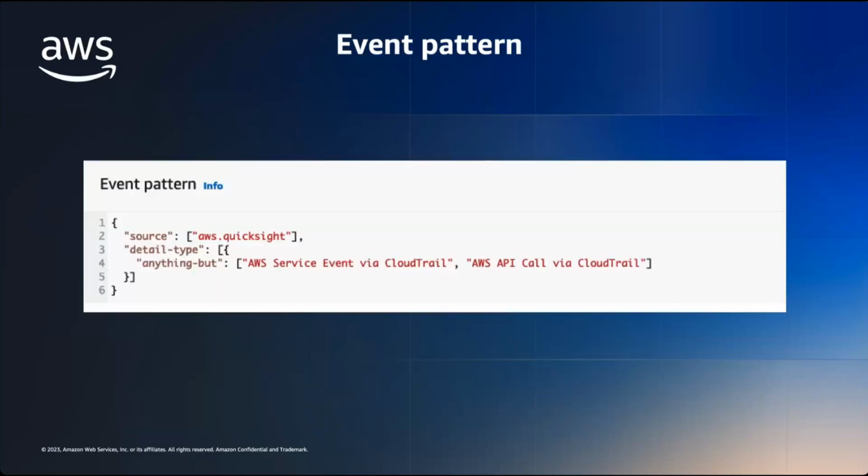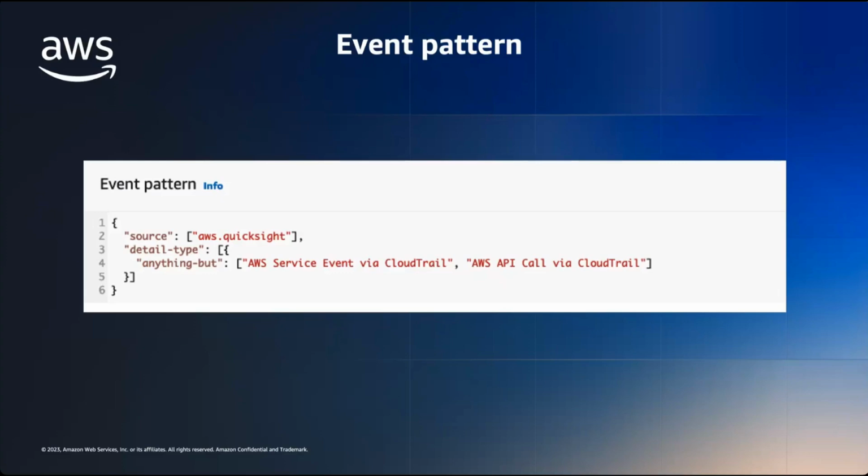The event pattern that we are using within EventBridge to get to these events is what's shown here. We have to specify the source as AWS QuickSight. That will get you all your QuickSight events. And in here, I'm showing that there is an anything-but filter applied on the detail type. That's because CloudTrail sends out the service events as well as API calls that are made.